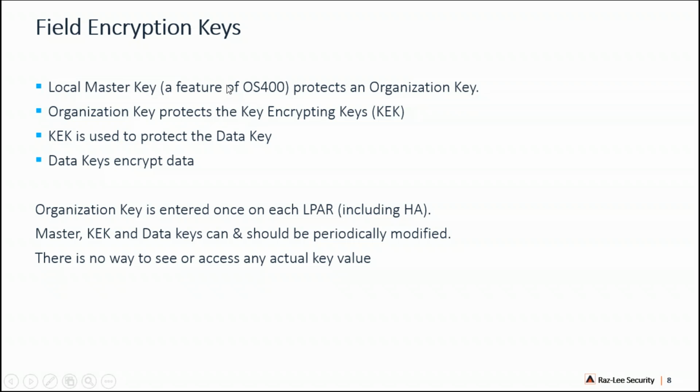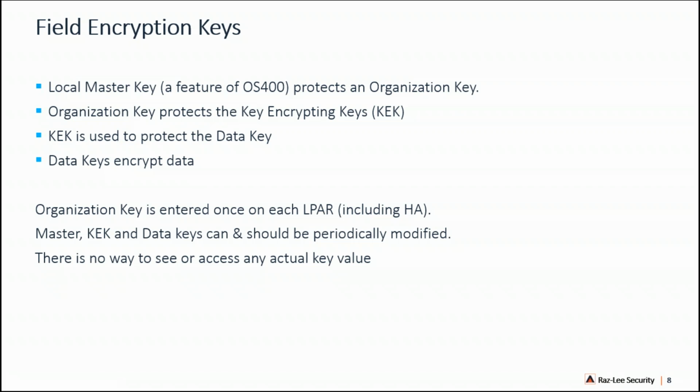The master key, the one of the IBM, is used to encrypt the organization key, and the master key can be different on any system. Every system has its own master key which encrypts the organization key. The organization key by itself encrypts something which is called key encrypting keys, KEK, and the KEK is encrypting a data key, where the data key can encrypt the database data.